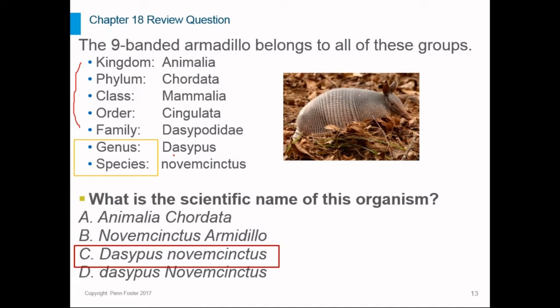I threw in two confusing answers here. C and D both say the same thing. So what's wrong with D? Remember that when you name things, the first word, the genus word, is capitalized, and the species is not. So D is not correct just because of the capitalization, but C is your correct answer. Put the genus with a capital letter and then the species.